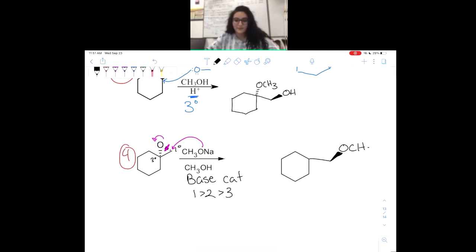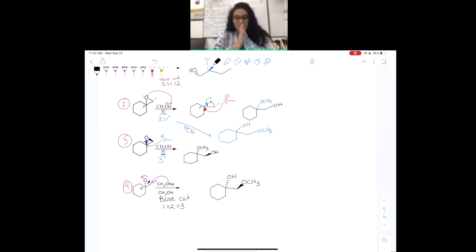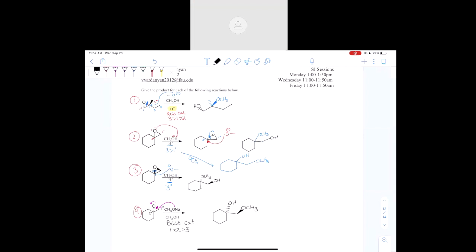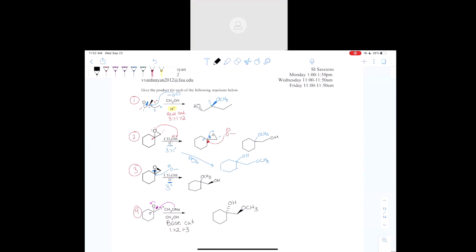I'll now zoom out in case anyone wants to take a picture or has any questions. Why was this a base catalyzation? The reason it was a base is because the catalyst on the bottom, my bad, the catalyst on the bottom was supposed to just say H-.